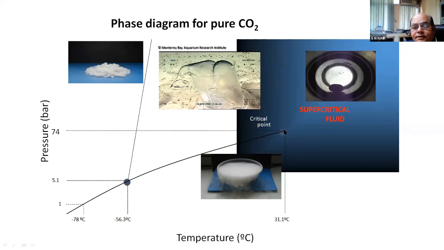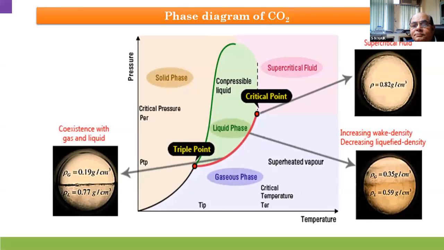And above that critical temperature and pressure, it behaves like a solvent, but you can't liquefy the gas. So basically, the supercritical state, the solid, liquid, and gaseous phase. If you see the vapor liquid equilibrium, the triple point here, minus 56 degree C, is the solidification point.